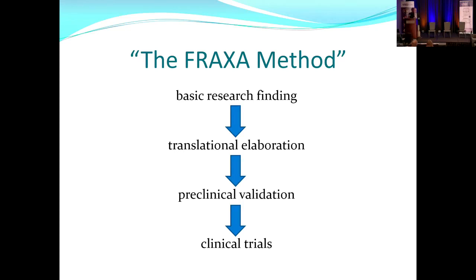And then we also fund preclinical validation studies where we test specific drugs that actually hit those targets that have been found through the translational research. And if we're successful, we have things that might make good drugs that we can take into clinical trials. Sometimes we actually fund the clinical trials if they're available drugs and we don't have a corporate sponsor.